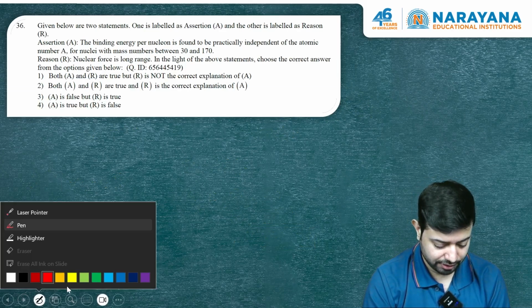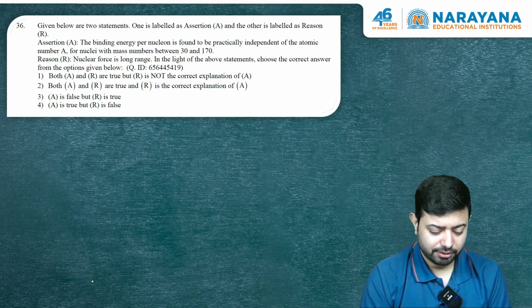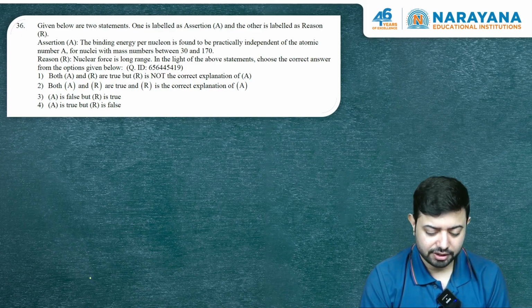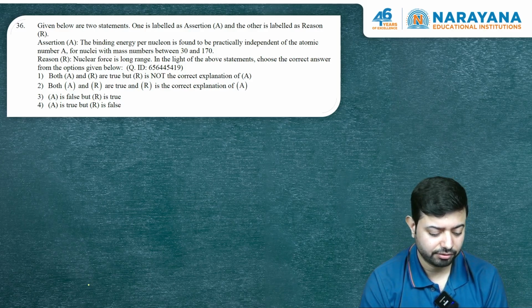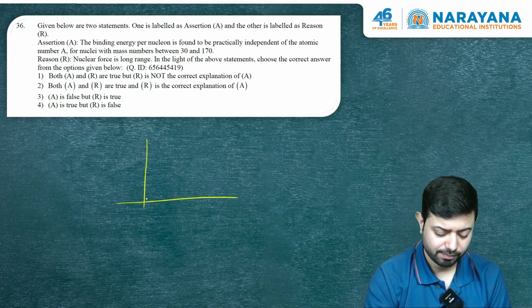Next question. Given below are two statements, one is labeled as assertion and the other is labeled as reason. Assertion: the binding energy per nucleon is found to be practically independent of the mass number A for nuclei with mass numbers between 30 and 170. This is pretty much the structure of that graph over here.